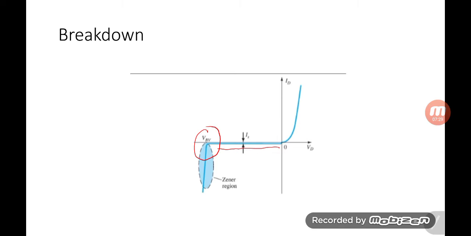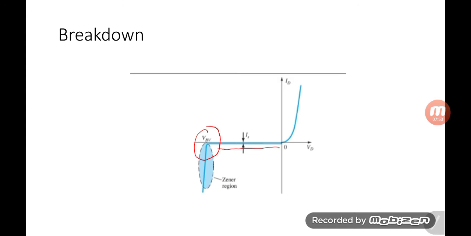Eventually their associated kinetic energy, 1 by 2 mv square, will be sufficient to release additional carriers through collision with the otherwise stable atomic structure. An ionization process will result, whereby valence electrons absorb sufficient energy to leave the parent atom.